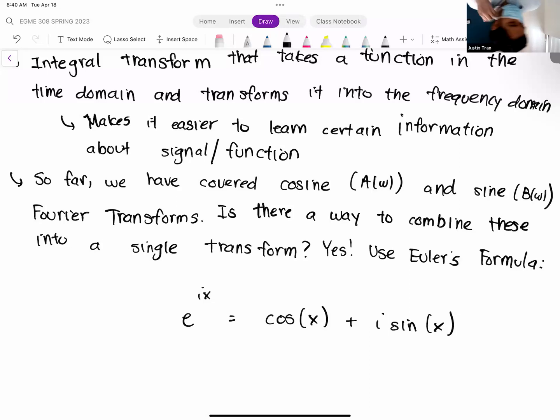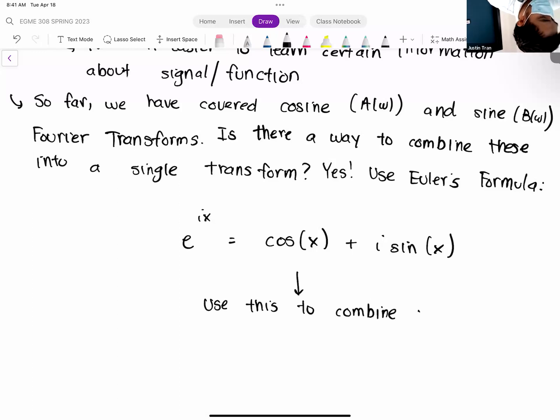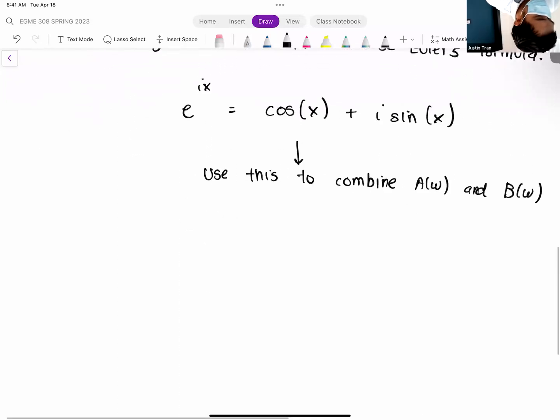We're going to use this to combine our expressions for a of omega and b of omega into one expression. That expression we'll call f of omega, and usually we give it a little hat.